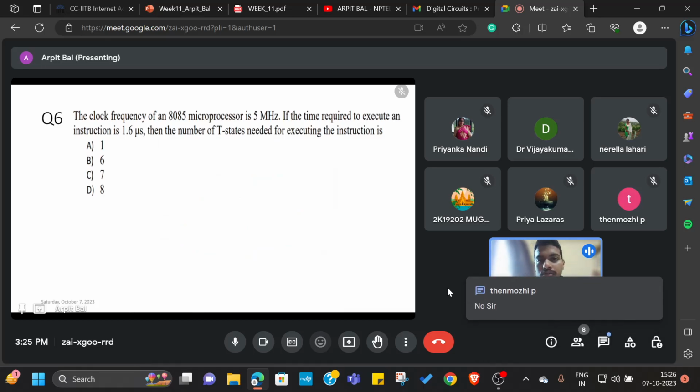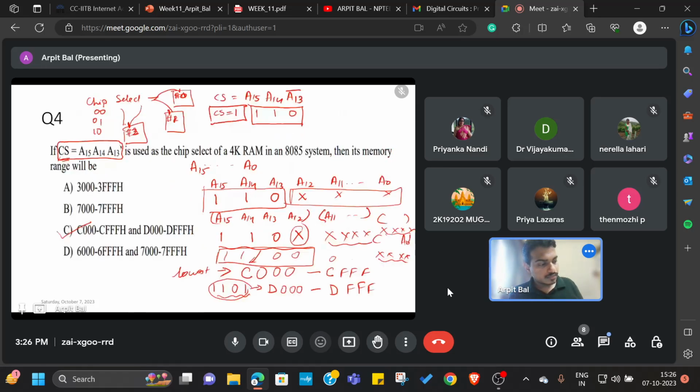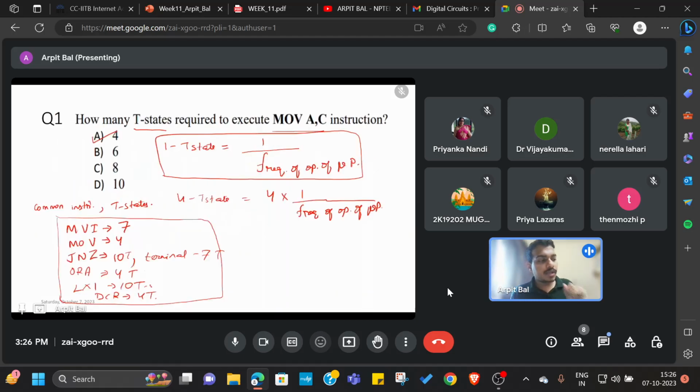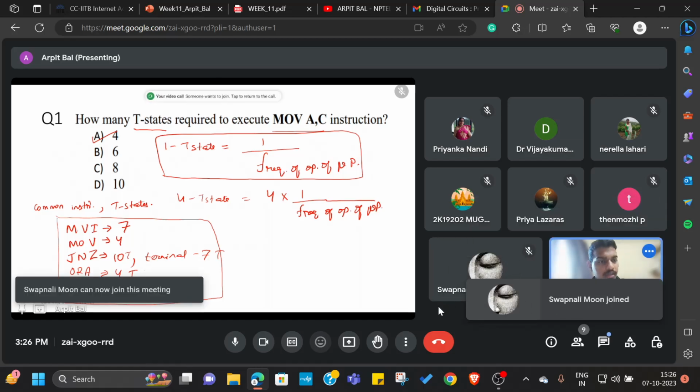This question is related to calculating the time required to execute an instruction. The time required is given to us, and we need to figure out the number of T states. The clock frequency of the microprocessor is given to us as 5 megahertz. Similar to question number 1, but in this case we need to figure out the number of T states.